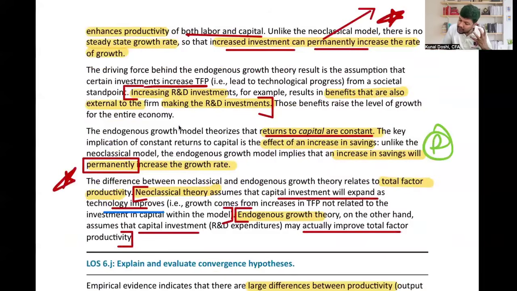Technological progress will boost the productivity of both labor and capital. The neoclassical says that it will not be permanent, correct? Here they say that it can permanently increase the growth rate. So if you are constantly investing in research and development of human capital, or in skills, then it will permanently increase the growth rate. So it's in complete opposition to the neoclassical theory.